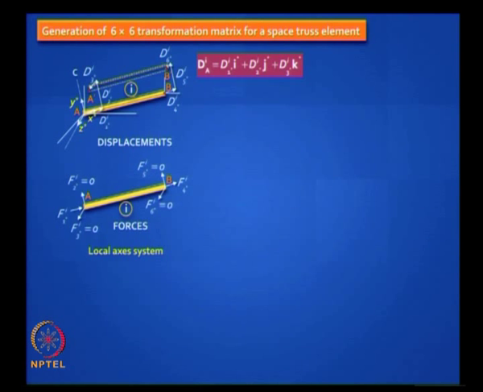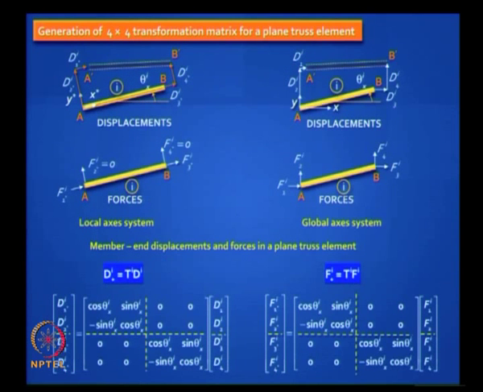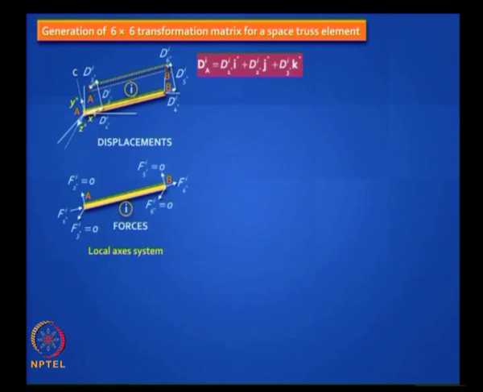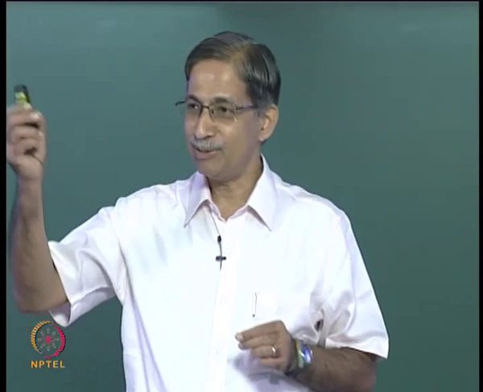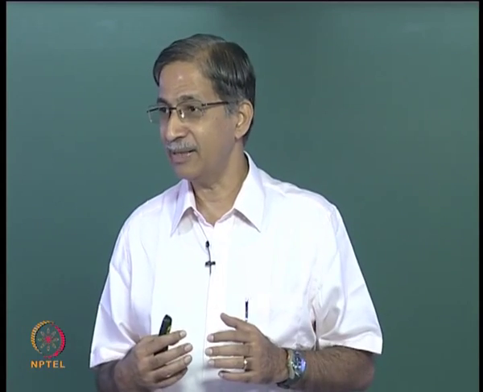Lastly, and this is the most difficult of the lot, if you have a 6 by 6 transformation, a 6 by 6 space truss element, how do you do the transformation matrix? This is really complicated because you have an element in space, you have x, y, z, and you have x star, y star, z star.